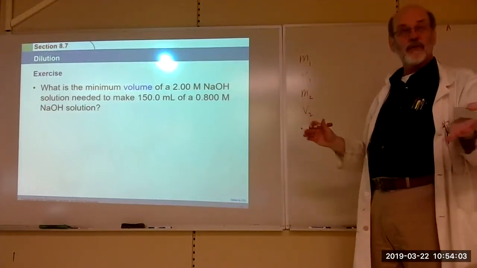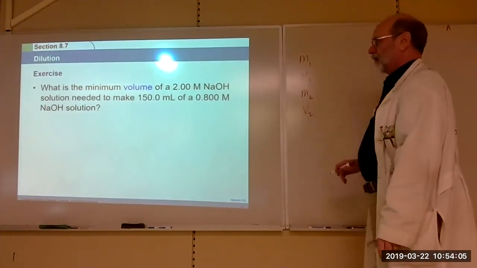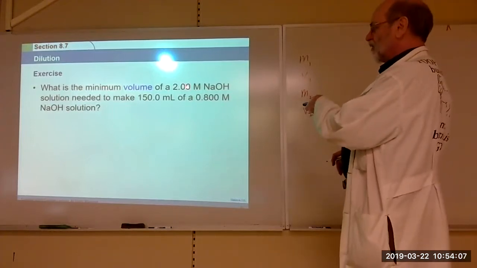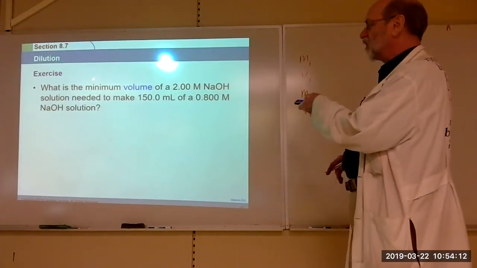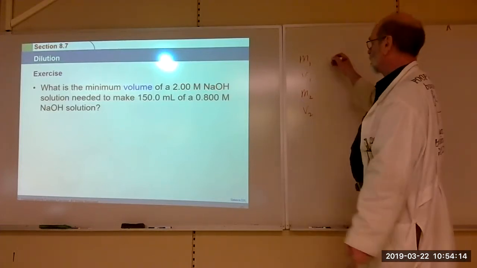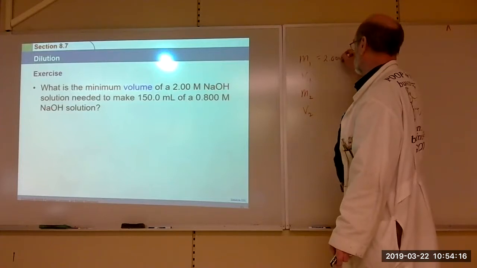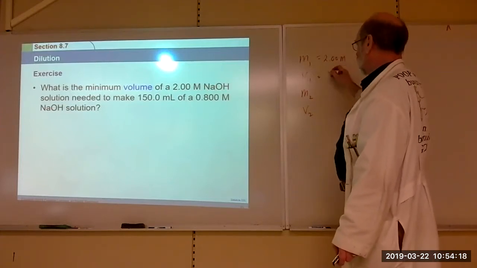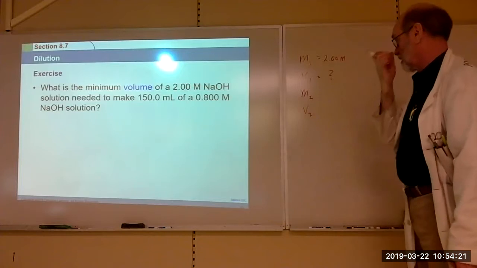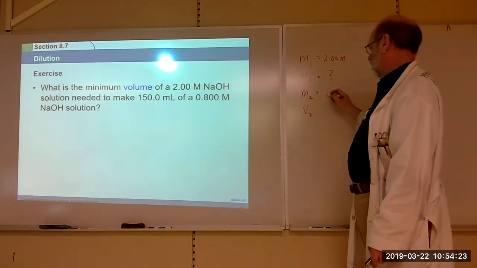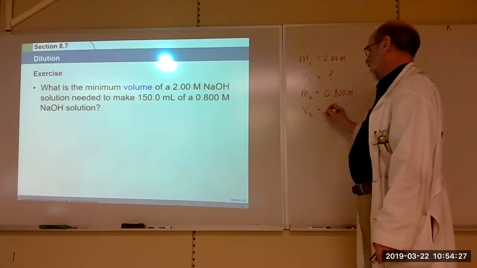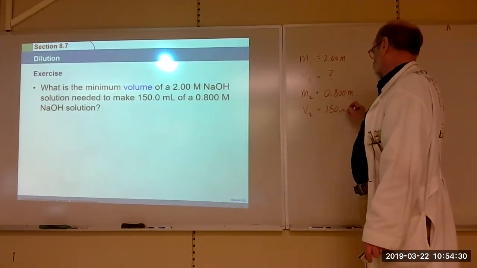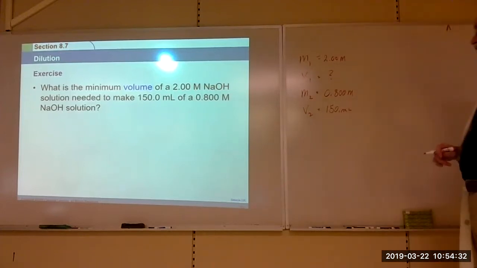Put it in the wrong place in your formula, you get the wrong answer, of course. So what's the minimum volume of this concentrated sodium hydroxide solution that you need to make the 0.8 molar solution? So the concentrated is 2 molar, and this is unknown, and you want to end up with a molarity of 0.8 and 150 milliliters of solution. Okay, so there's your information.